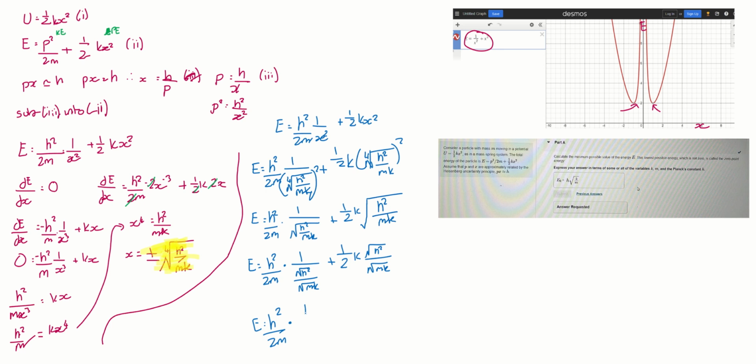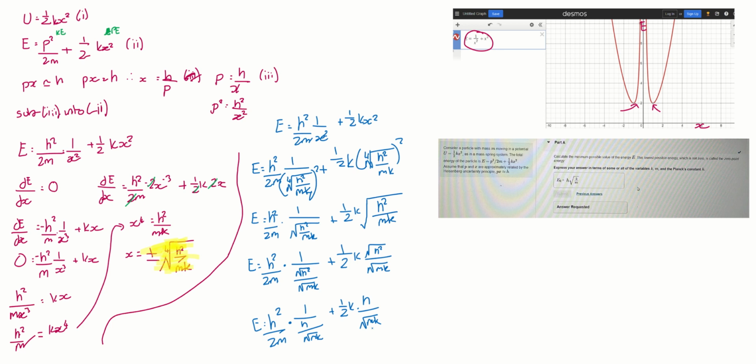Equals 1 over h over the root of mk plus a half k times by h over the root of mk. So we got all that, fantastic, because we can't do that.